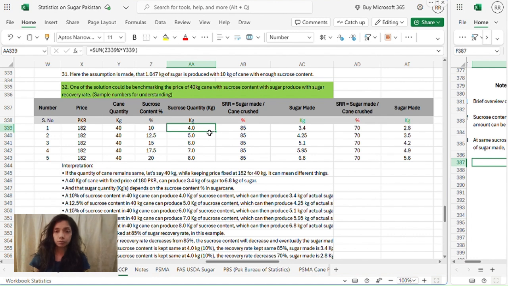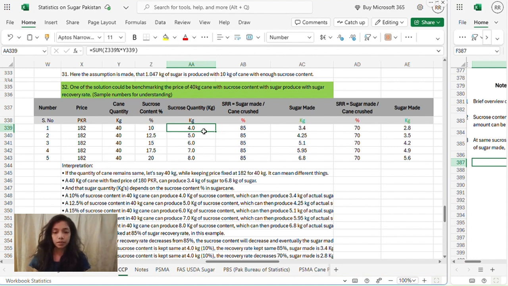But since we don't have the data and we are just trying to understand the concept here, how different factors and numbers affect, if we keep some factors constant, then we change the other factors, some sort of variables, that changes the results.